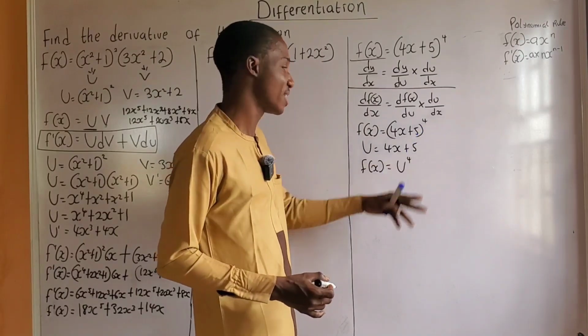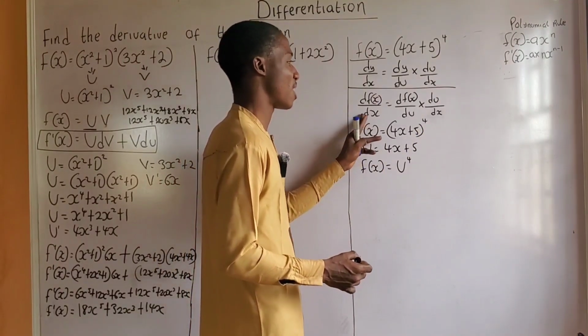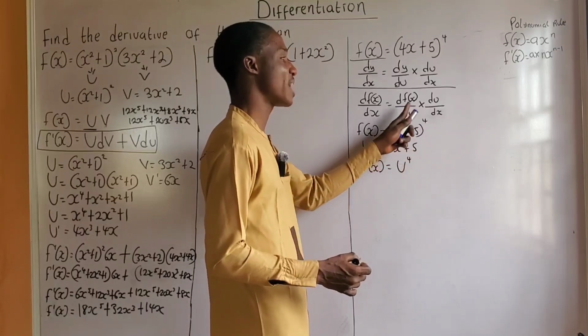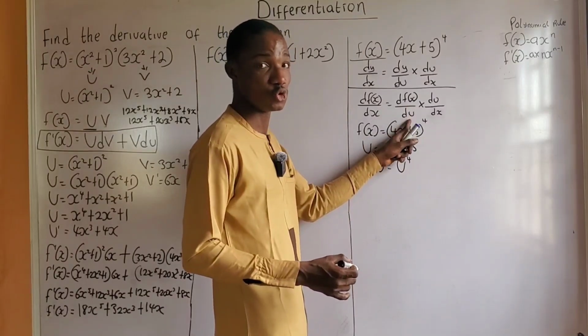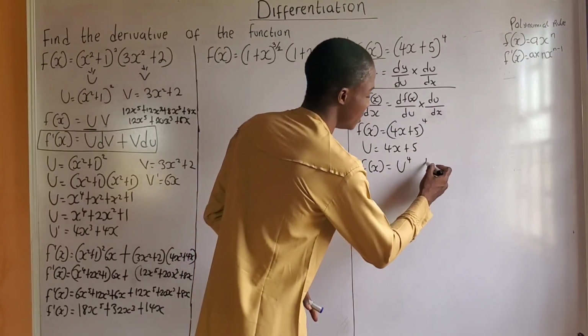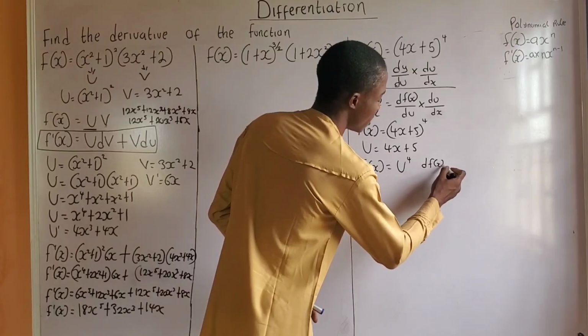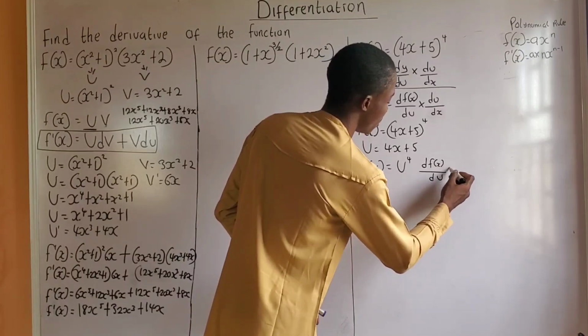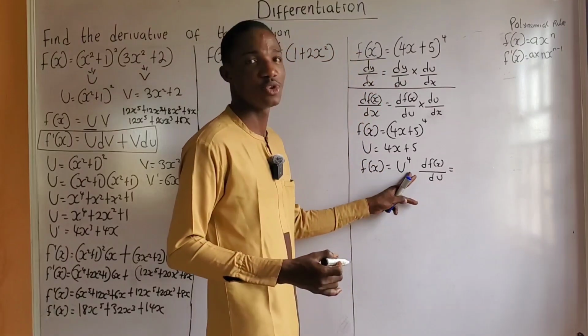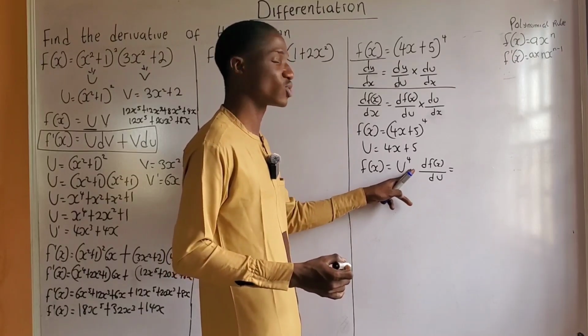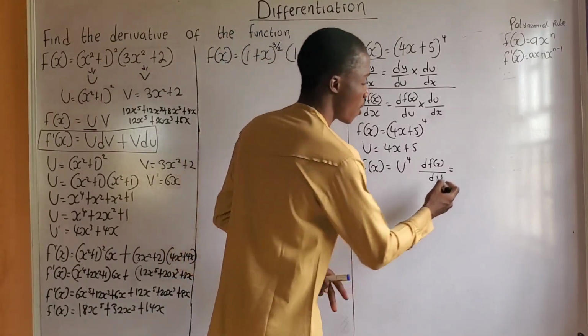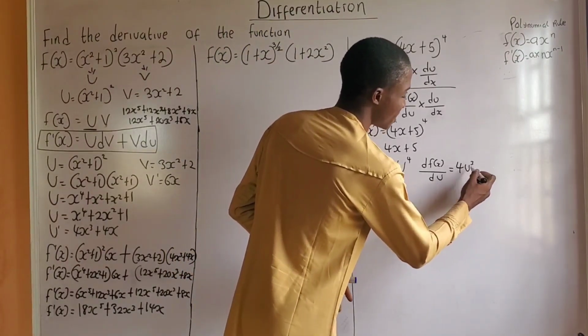Now, according to this formula, we need the derivative of f(x) with respect to u. So df(x)/du equals, using the polynomial rule, if you differentiate u raised to the power of 4, you have 4u raised to the power of 3, right?